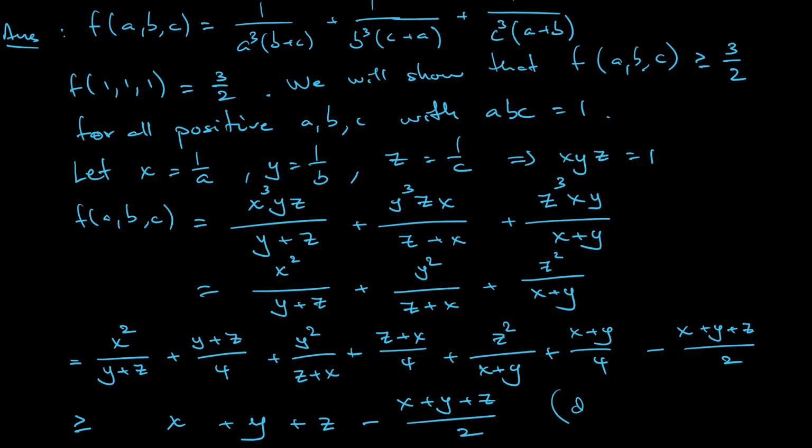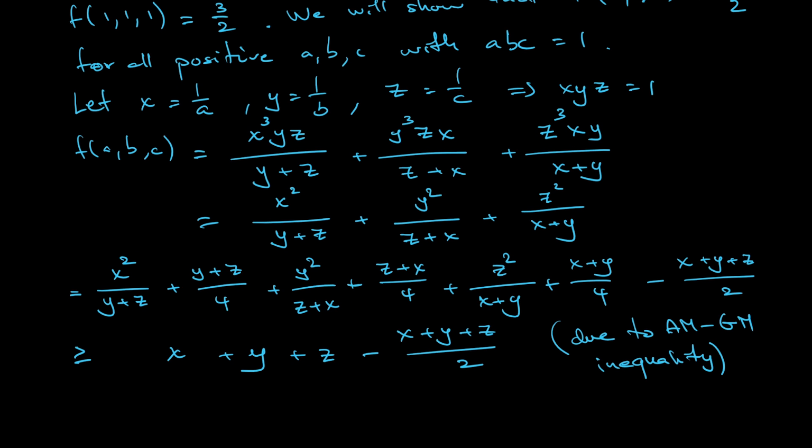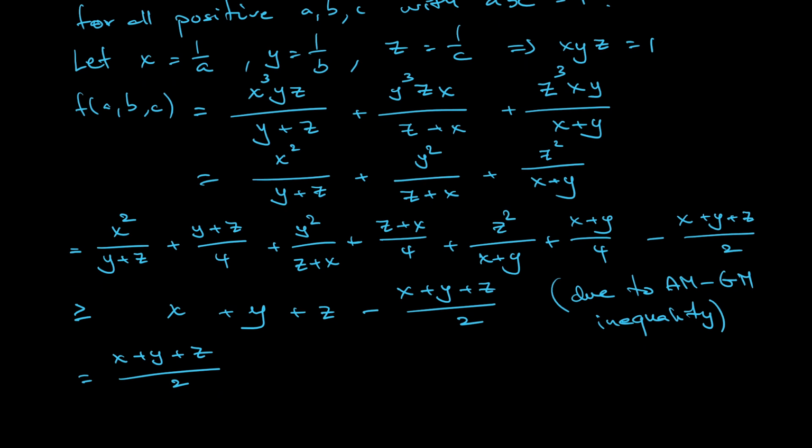Due to the AM-GM inequality, simplify, this will be just equal to x plus y plus z over 2, which is greater than or equal to 3 over 2 cube root of xyz.